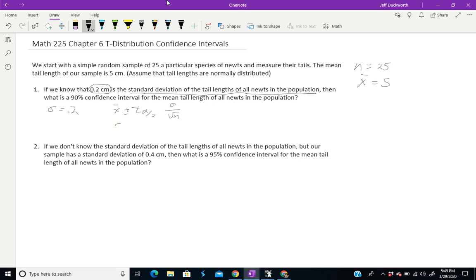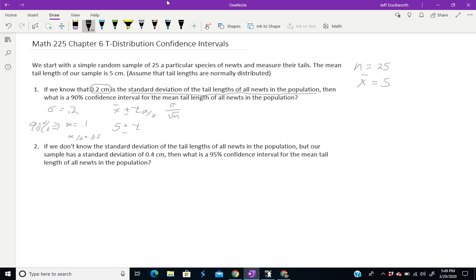I'll fill in the stuff that we have. X bar is 5. Since we're dealing with 90%, our alpha is going to be equal to 0.1, and alpha over 2 is 0.05.